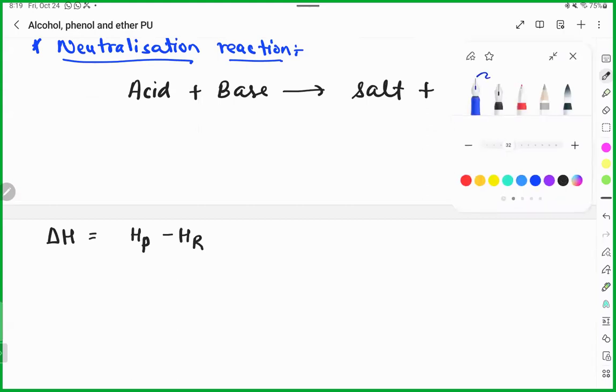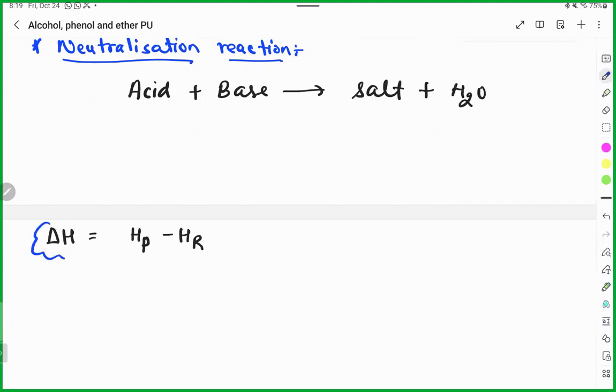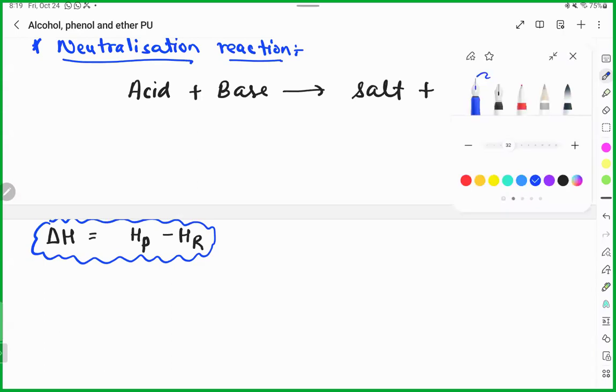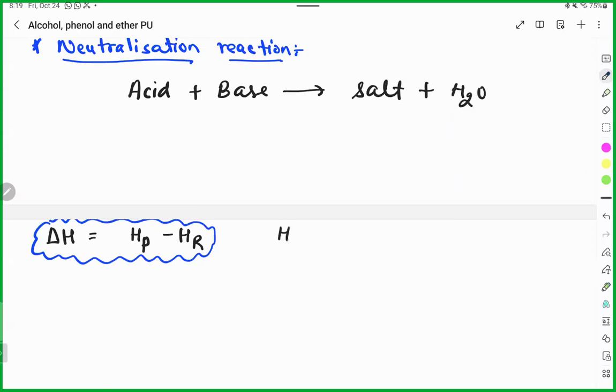Usually this is the thing given for any reaction. But there are two exceptions, and most of the time questions are asked only from those two topics. Those exceptions are first, heat of combustion, and second, bond energy or bond dissociation energy.